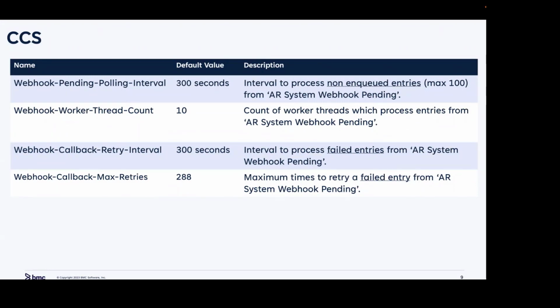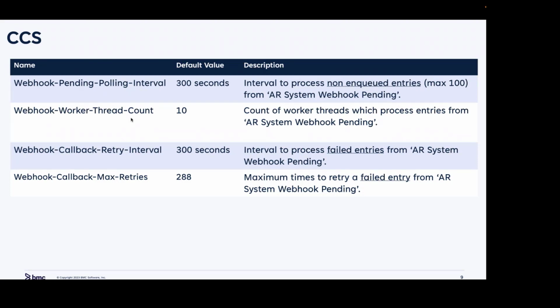If that message is missed for some reason, the webhook module will still go and check if there are any non-enqueued entries in this form, and it retrieves max 100. This is hardcoded. There's no configuration for that. So at max, it retrieves 100 records and processes them.